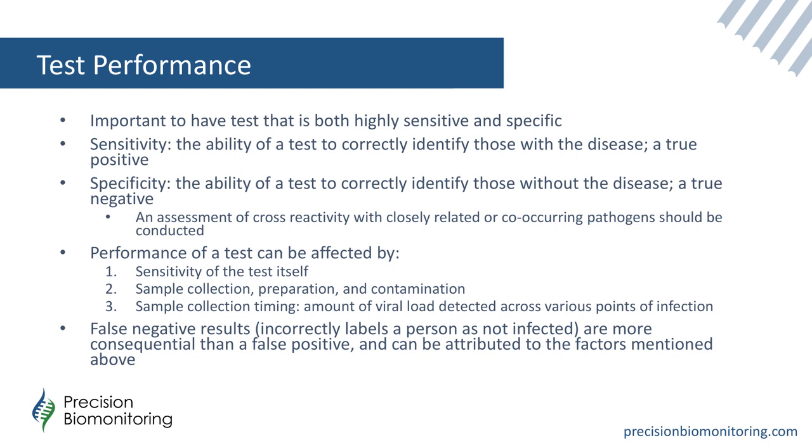Related to specificity, all tests should include some assessment of cross-reactivity with both closely related organisms or co-occurring pathogens. So for example, in the case of a COVID-19 test, you would want to have some cross-reactivity data on not only other coronaviruses, because they're closely related, but also other respiratory pathogens or organisms that are likely to be present in the sample type that you're collecting.